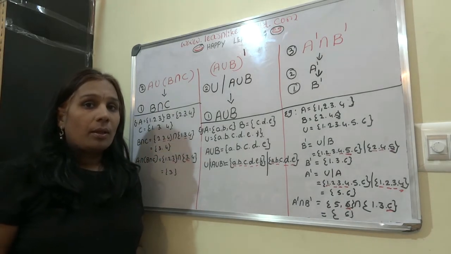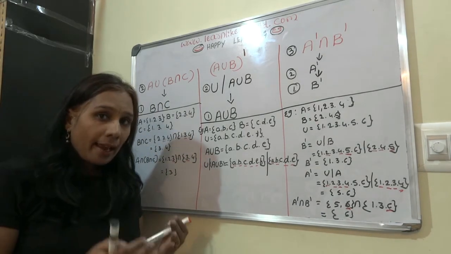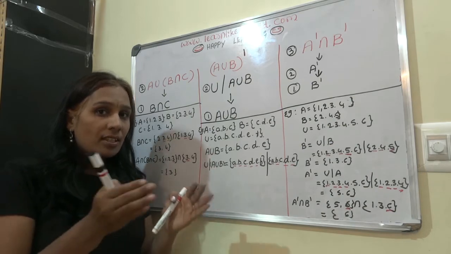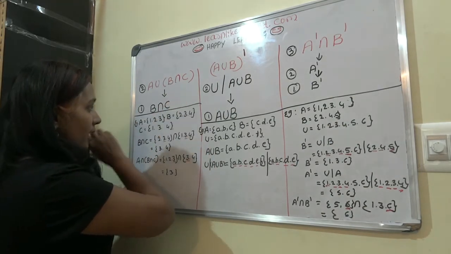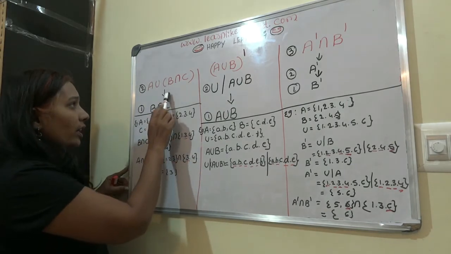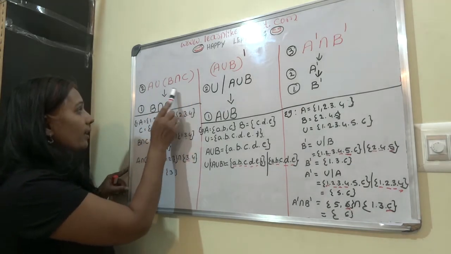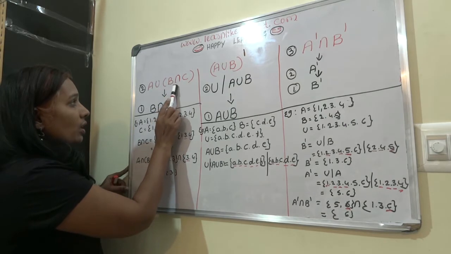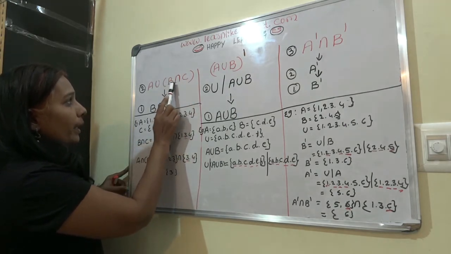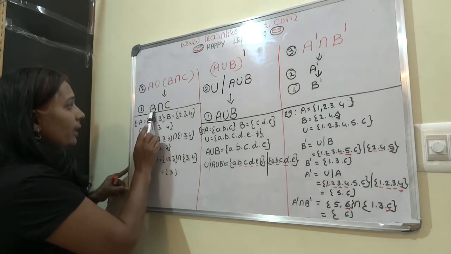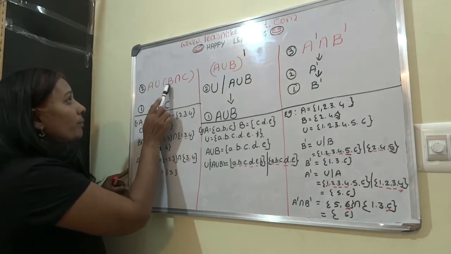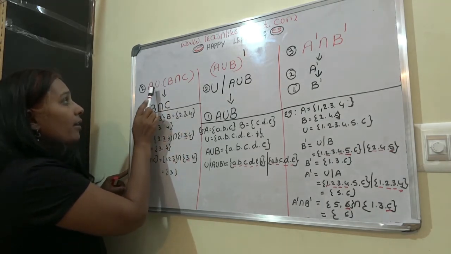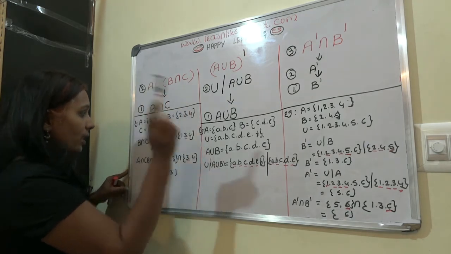How? First, attack the area which is under the bracket, that is B intersection C. So I have drawn here a flow chart, you can see clearly here. First, give importance to B intersection C. Then perform the operation of A with B intersection C.